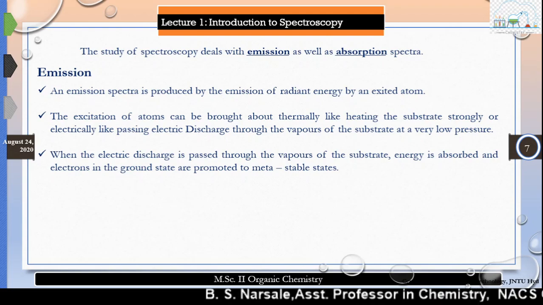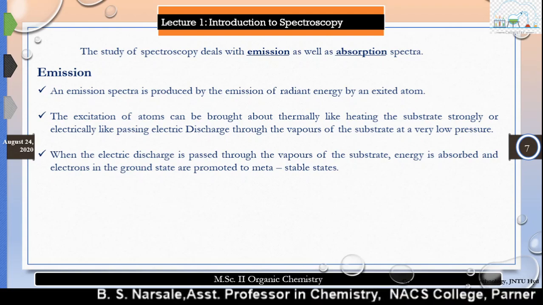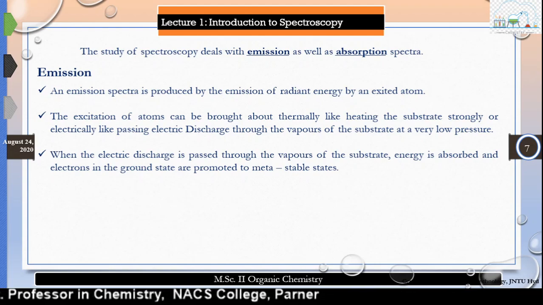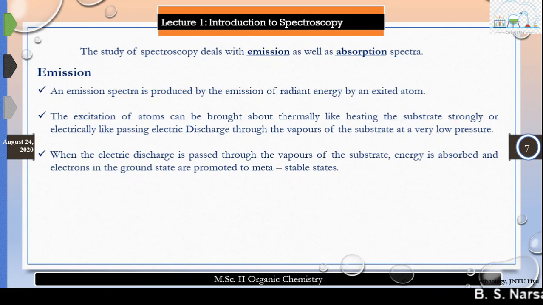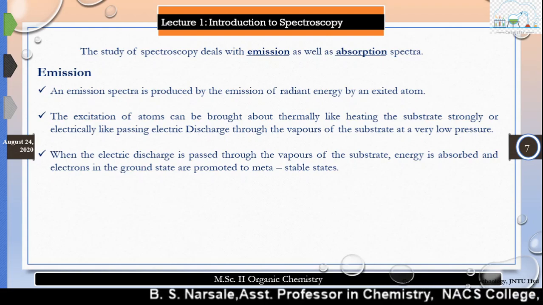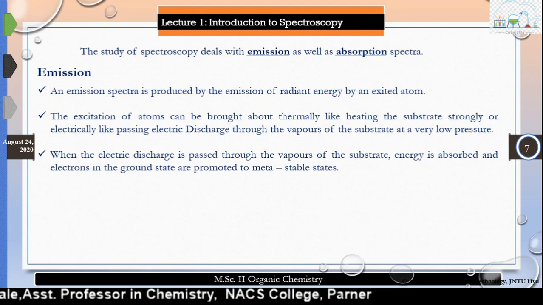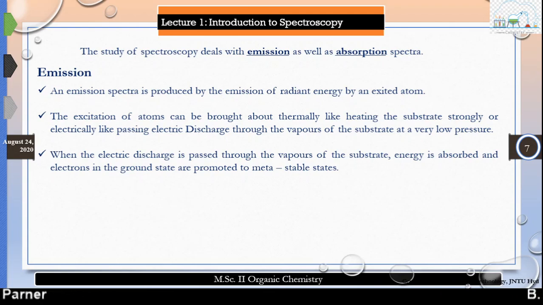And this discharge happens by means of electricity, and this electric discharge is passed through the vapors of that substance, and the energy is absorbed by the substance, and electrons present in the ground state are promoted to a metastable state.